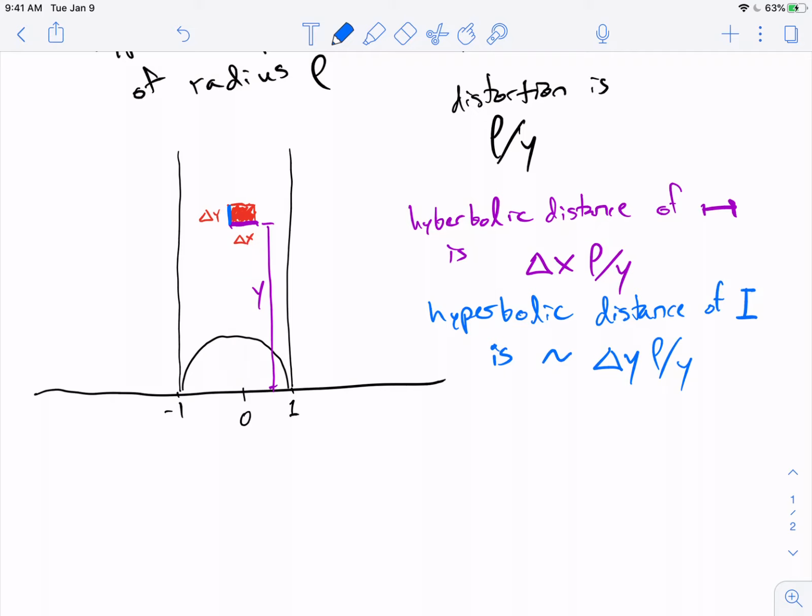However, it doesn't change that much, assuming delta y is really small. So this is approximately true.